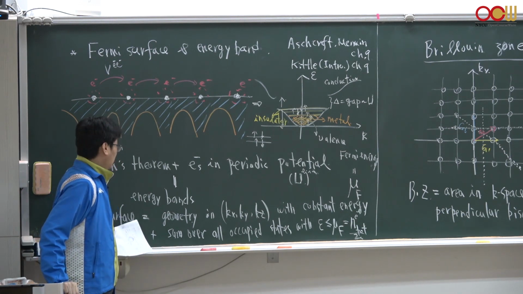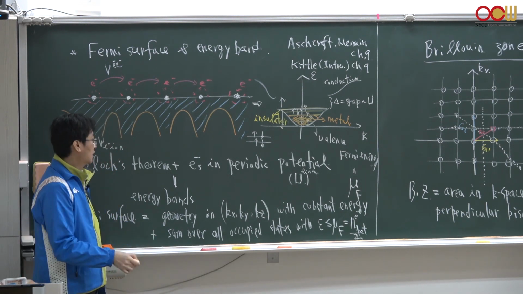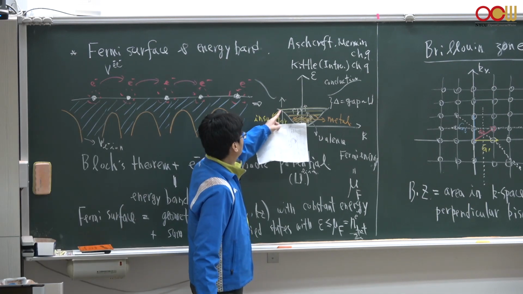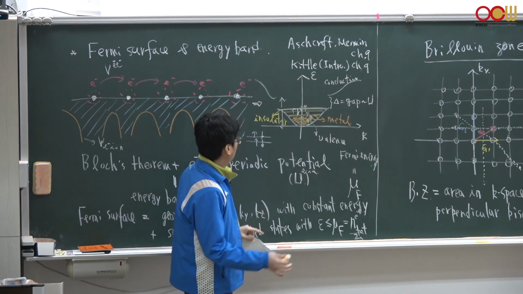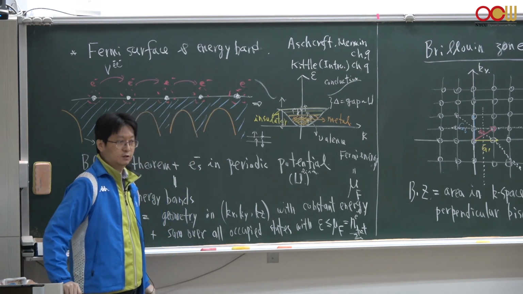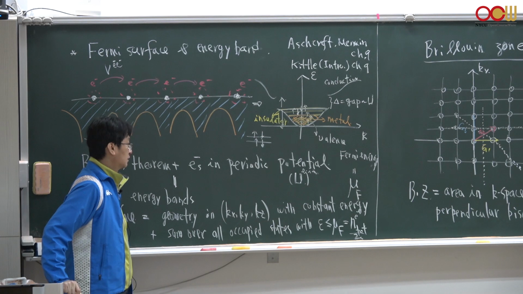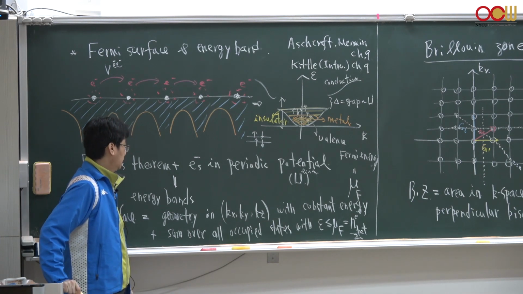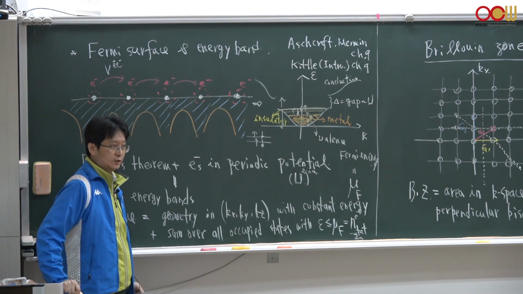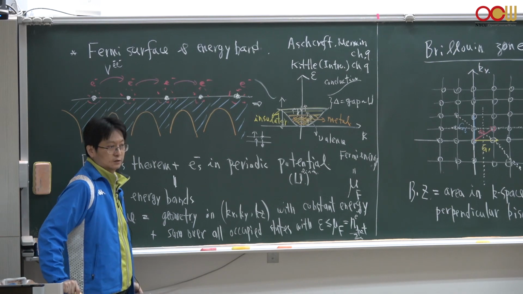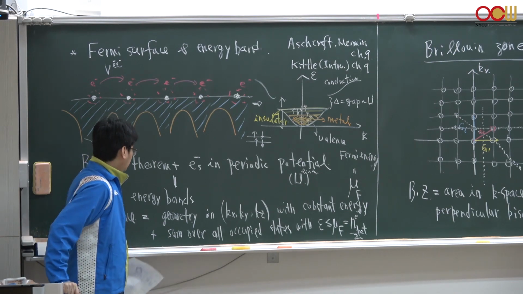And therefore, the Fermi energy corresponds to the top energy level that electrons populate, below which all the states are fully occupied, and above which they're empty. Okay? And this corresponds to the total number of electrons, or the total number of occupied states.